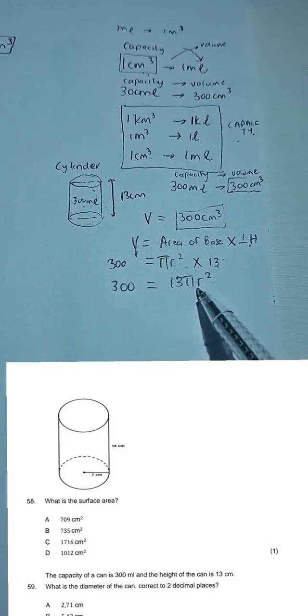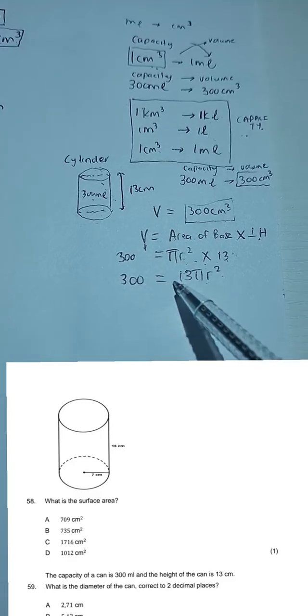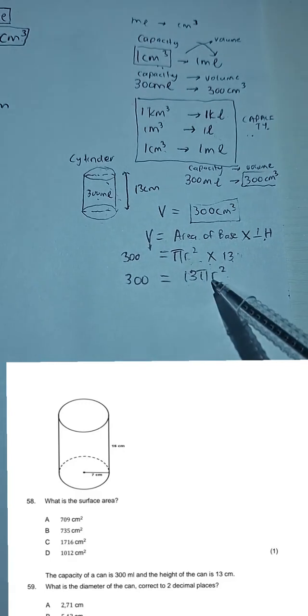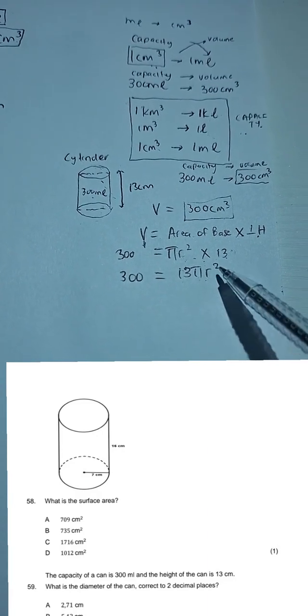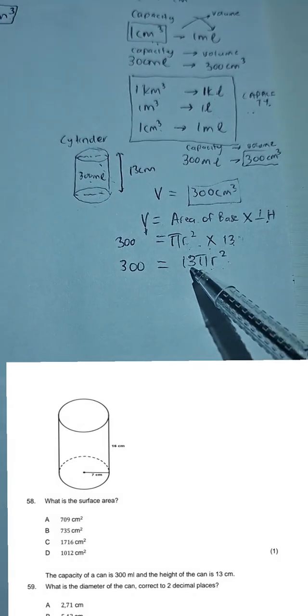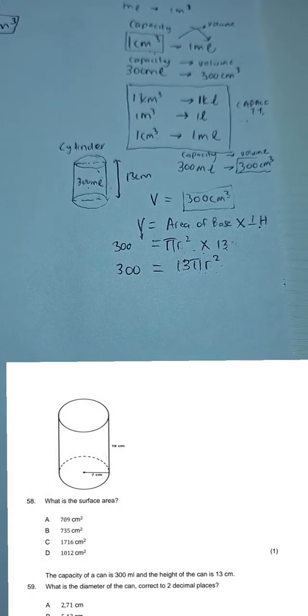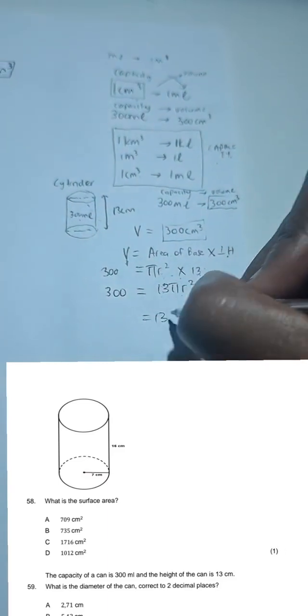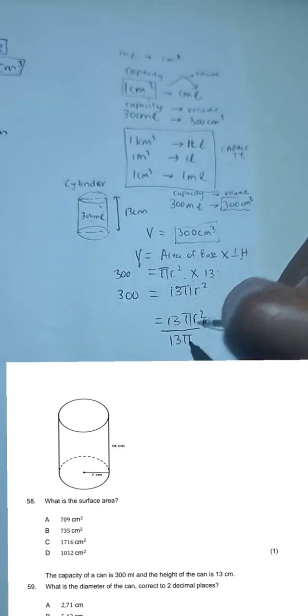We want r. The relationship between r squared and pi and 13 is multiplication. So if 13 is multiplied by pi is multiplied by r squared and we want r, what do we do, guys? In order to get rid of 13 and pi so that we can calculate the value of r, we divide by 13 pi.